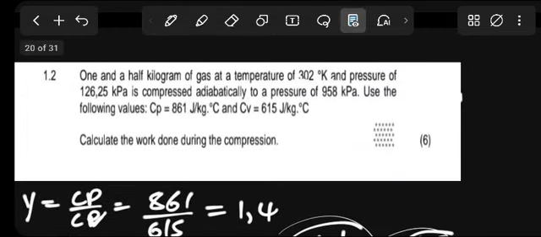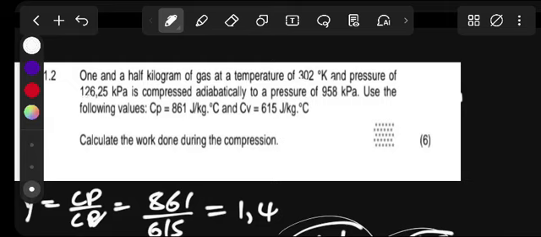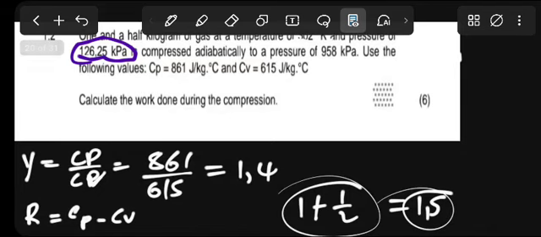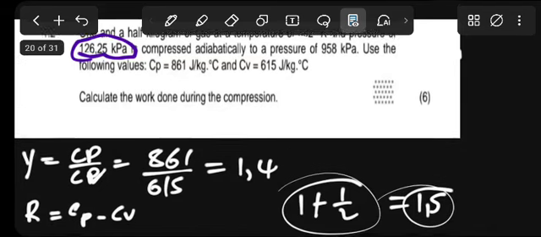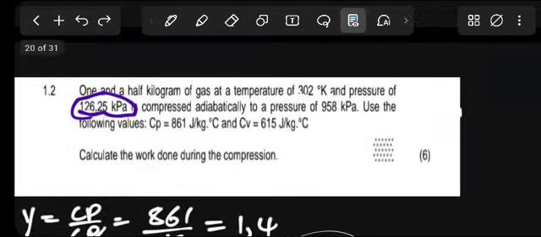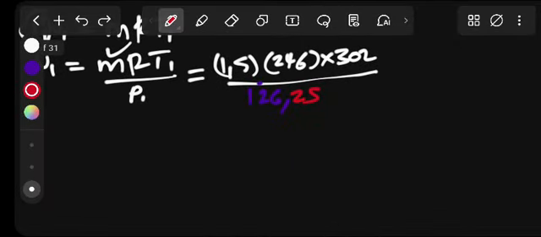The first pressure, before the compression takes place, is this. It's in kilopascal, which is the same as times 10 to the power of 3. So 126.25 times 10 to the power of 3.